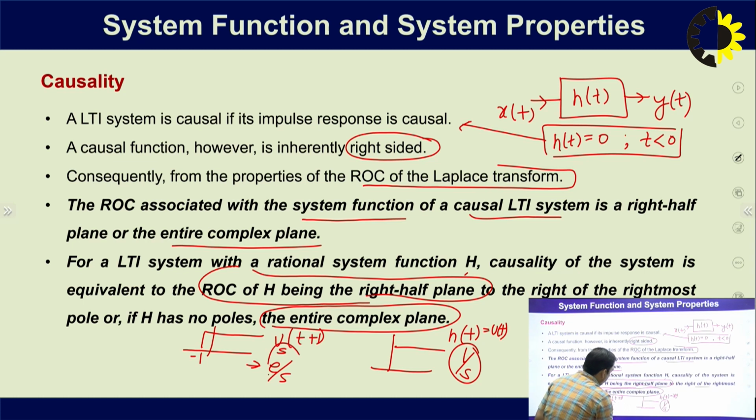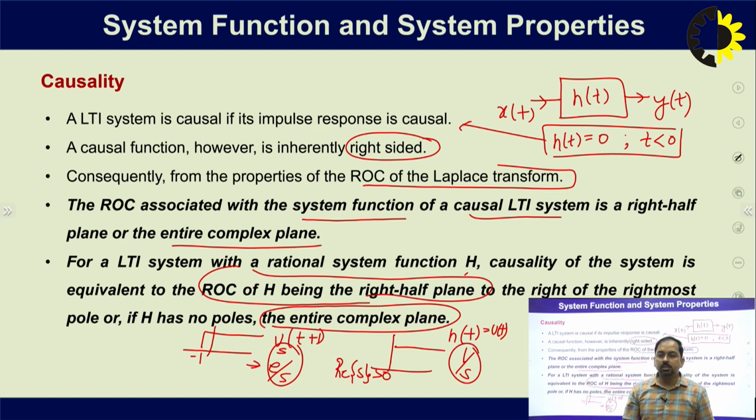For both e raised to power s by s and 1 by s, the ROC is real part of s greater than 0. So for both LTI systems, we have the ROC real part of s greater than 0, which means an ROC to the right of the rightmost pole does not guarantee that the LTI system is causal. This is a very, very important point.